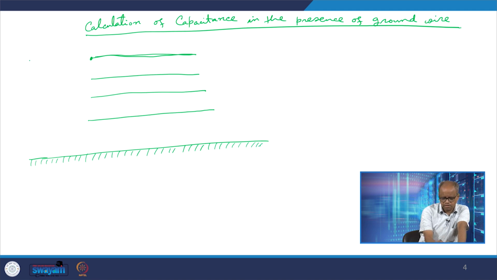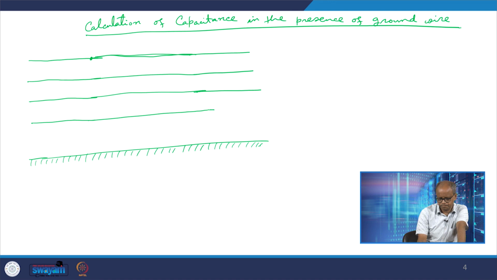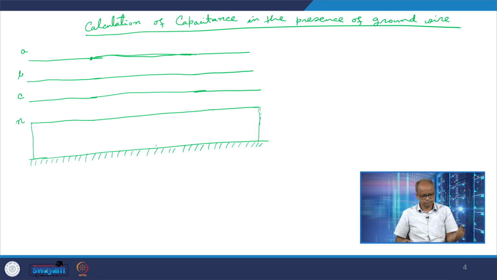So let us say this is my phase A, and this is my ground wire, and because this is ground, it is grounded. So this is A, B, C, and we say that it is a neutral wire, but this neutral wire is also grounded, so it is all the same.